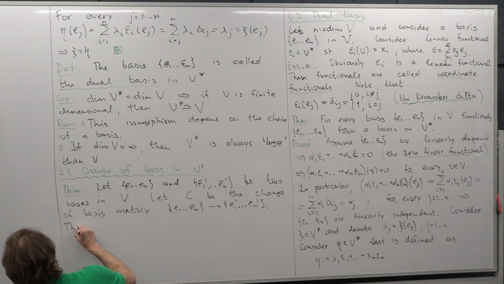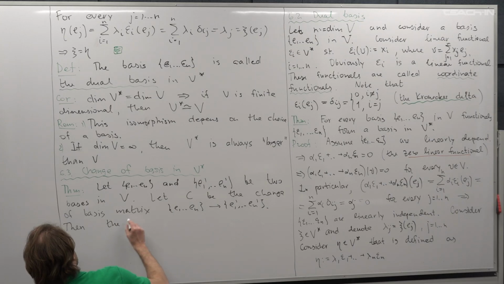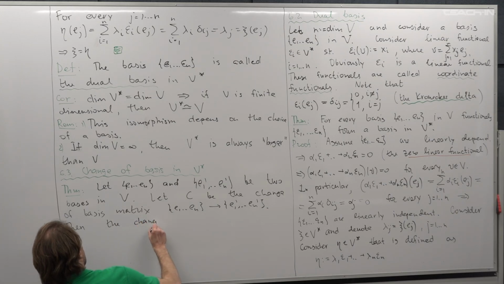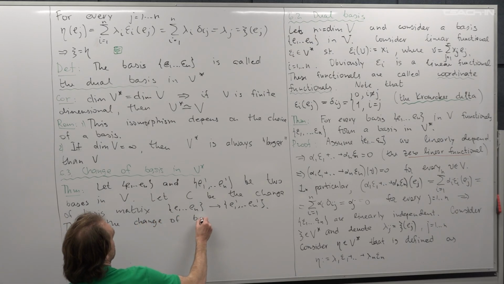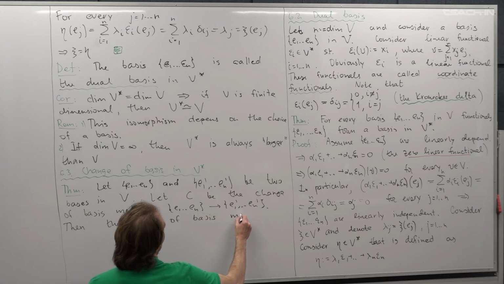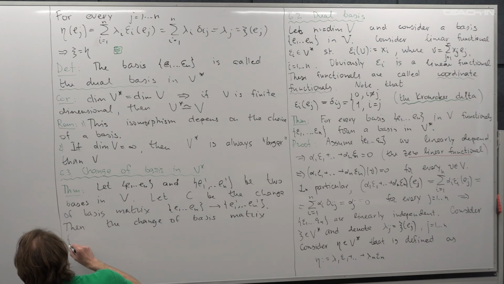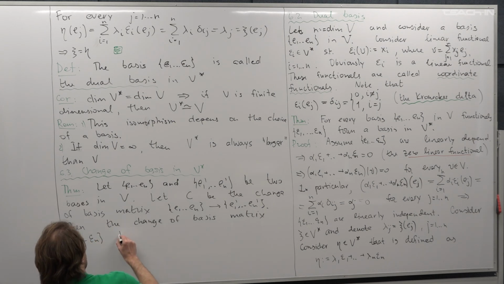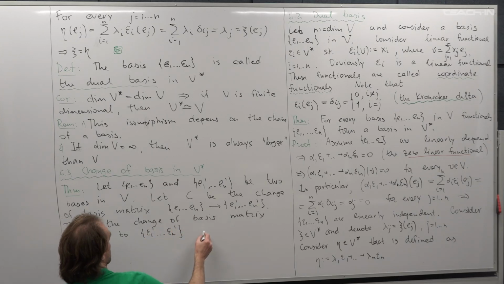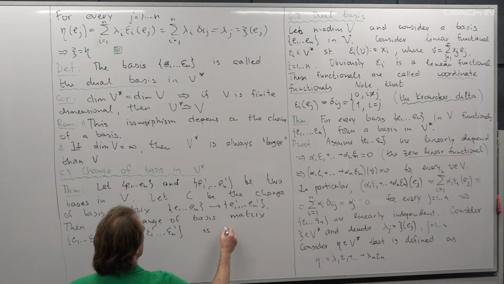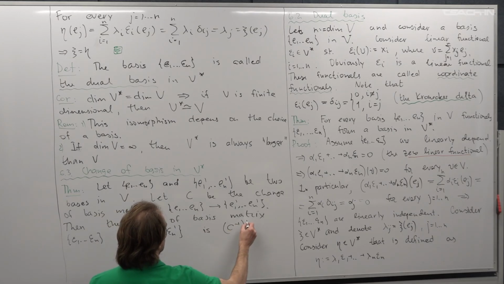Then the change of basis matrix from epsilon 1, etc., epsilon n in the dual space to the dual basis epsilon 1 prime, etc., epsilon n prime is C to the minus 1 transpose.